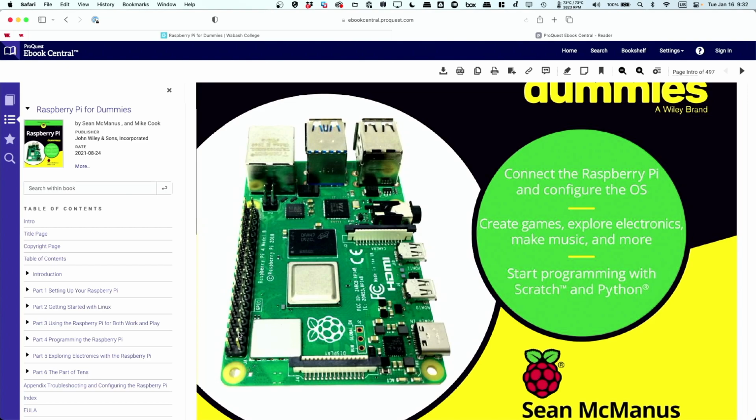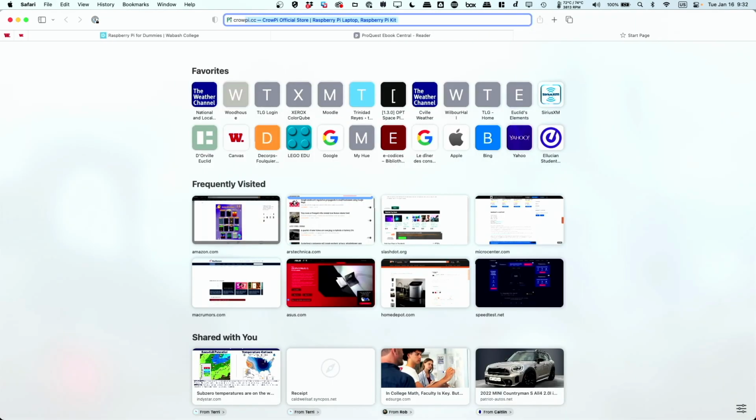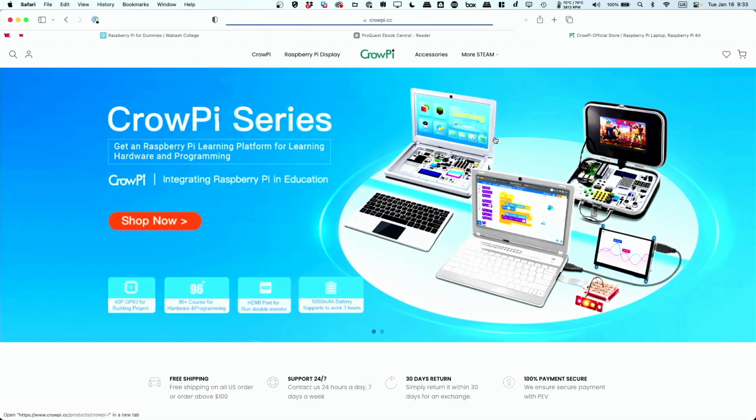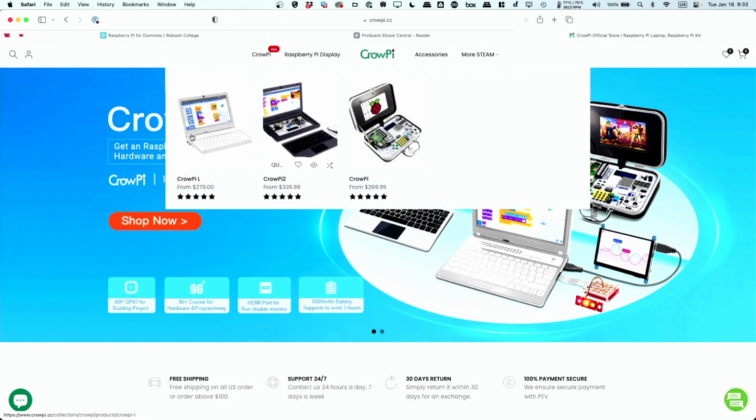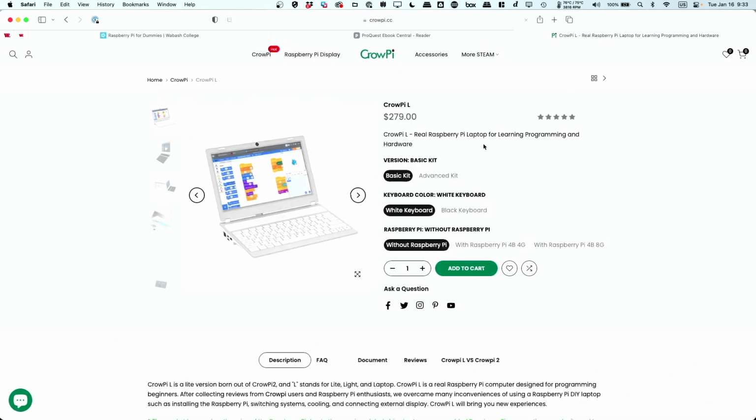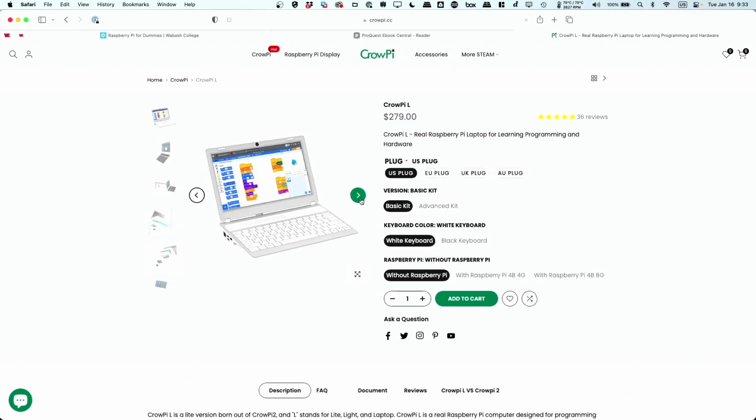Now, for convenience purposes, I was able to get IT to buy us a bunch of shells, and I'll show you what those look like. It's called the CrowPi L, for laptop. Essentially, it's a laptop shell that you pop one of these Raspberry Pis into.